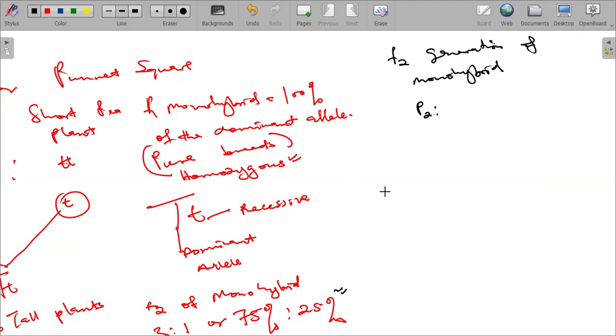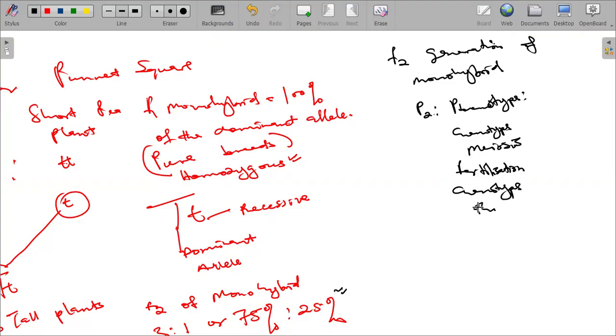Of F1, of P1. So we start with the phenotype, then the genotype, meiosis, fertilization, genotype, and phenotype again. This diagram doesn't change.